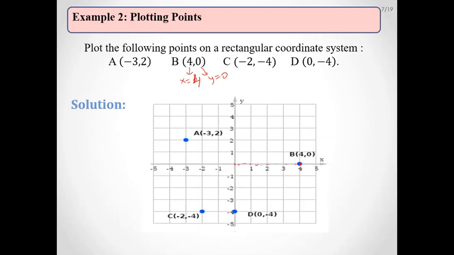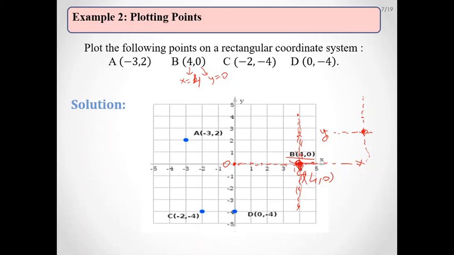You make the horizontal line from the y-axis, and the vertical line from the x-axis, and their intersection is our point here. 4, 0 is here.